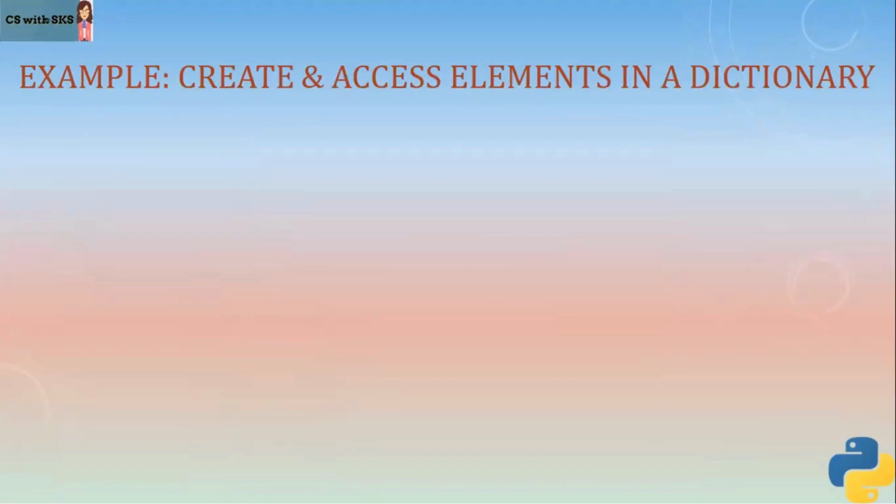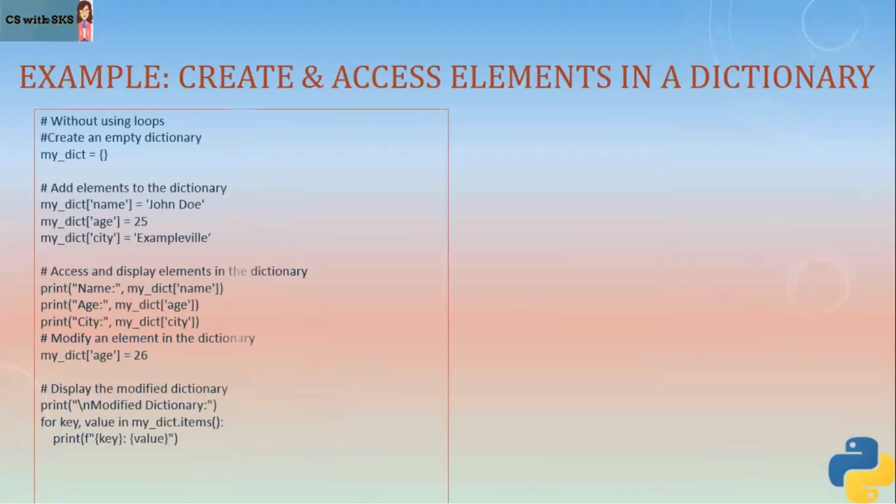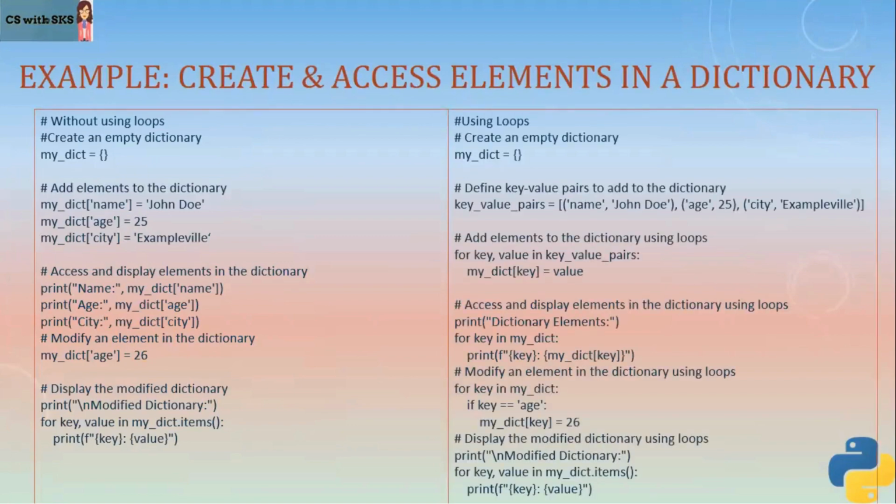Okay, now there is one example which I have created for you, one without using loops, how to create and access elements in a dictionary, and one using loops, how you can create and access elements in a dictionary using a loop, which I have already shown you on the Python shell, not the complete program but the basic one-on-one. So here I have created my empty dictionary, and then I have accessed individual elements using keys, and I have added values to it.